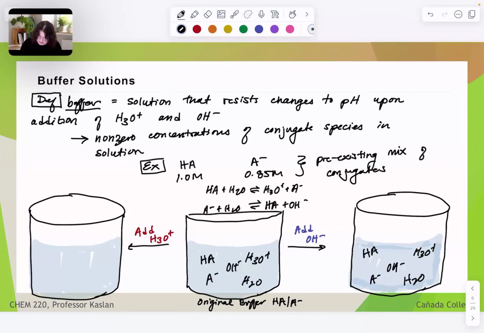So if I now pop a bunch of hydroxide in here, I am going to neutralize my H3O plus. So thinking about what's going on in terms of the acid dissociation.